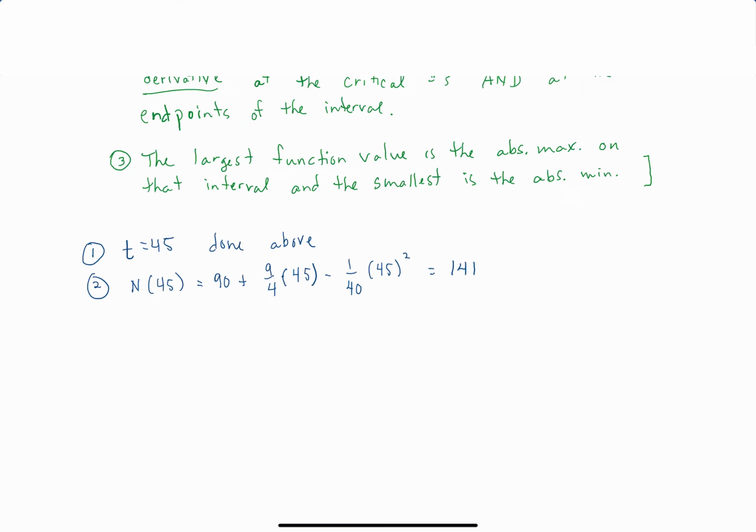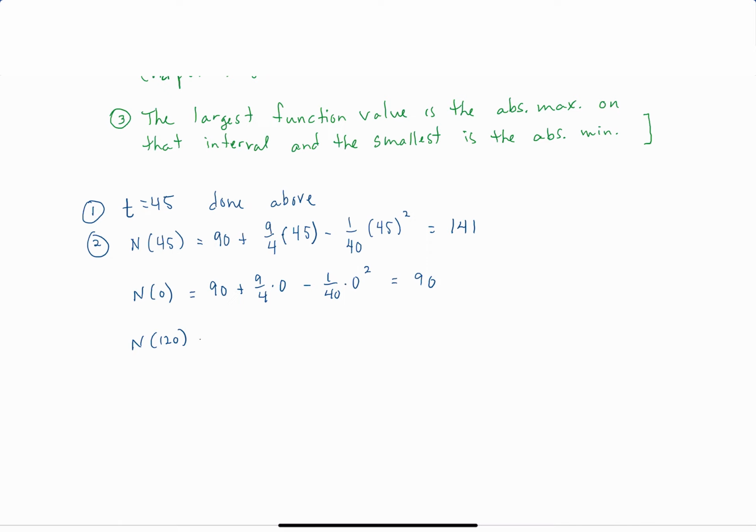Okay, now we evaluate at the endpoints. The endpoints of our interval were 0 and 120. So plugging in a 0, I have 90 plus 9/4 times 0 minus 1/40 times 0 squared. That's going to be 90. And N of 120 is 90 plus 9/4 times 120 minus 1/40 times 120 squared.